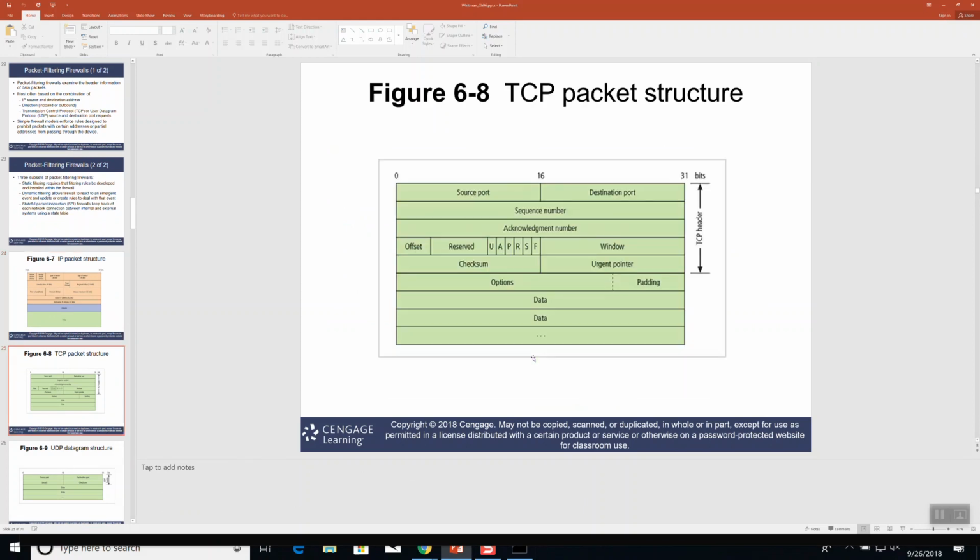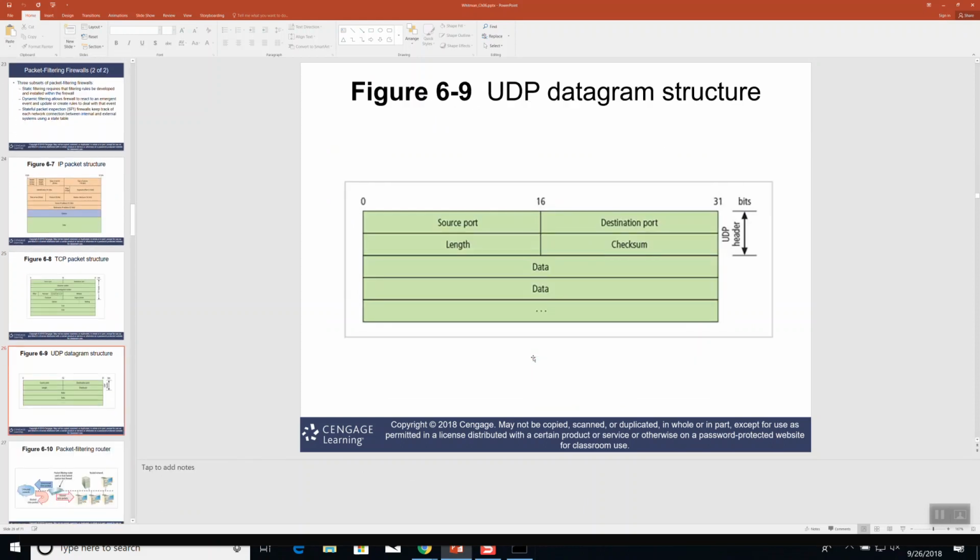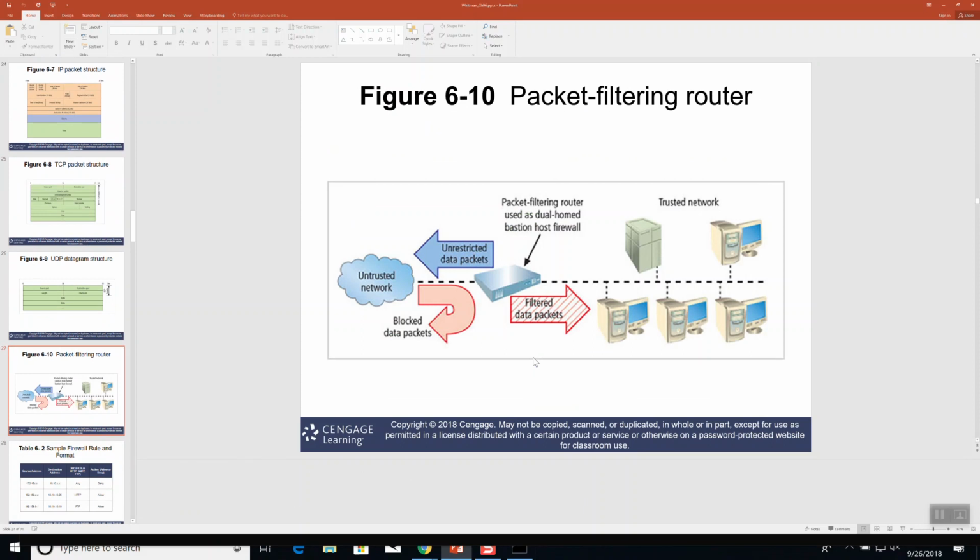TCP packet structure. Same type of information, just trying to control access. UDP diagram structure. Packet filtering router. Here's your untrusted network. Block data packets for whatever reason. They circle around.